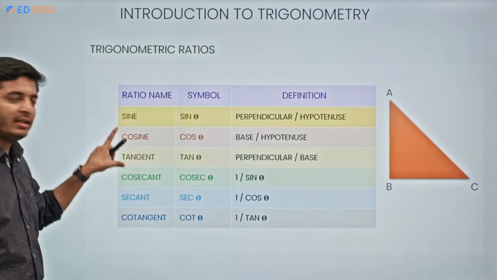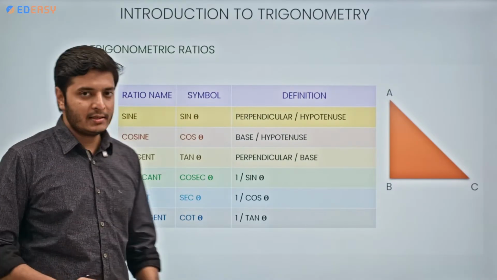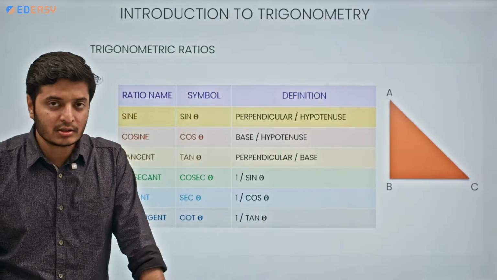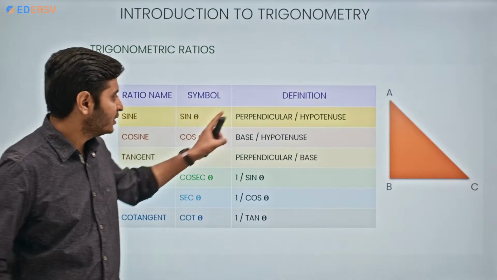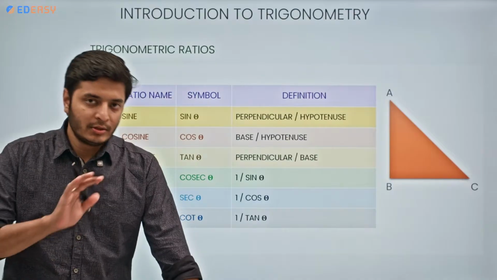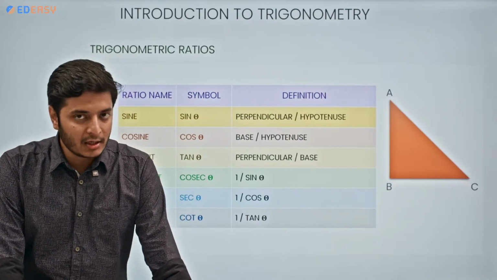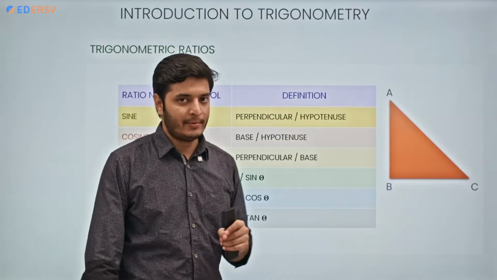But these three are the main ratios, and you will understand why also. Sine is the relationship of the angle with the side perpendicular divided by the hypotenuse. So depending on what angle you are referring to, the sine value will always be perpendicular by hypotenuse.